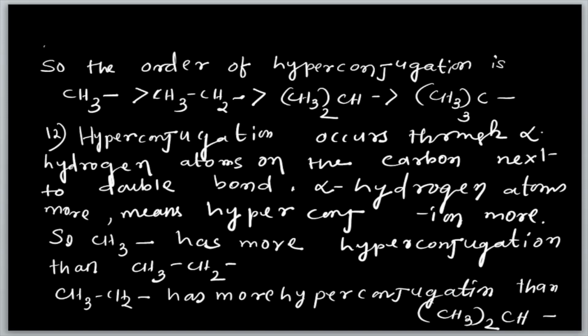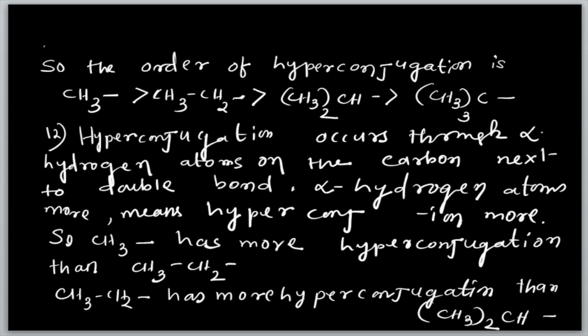Now if you see the example, the order of hyperconjugation is that CH3 is more than ethyl group. Methyl group has more hyperconjugation than ethyl. If methyl is more than ethyl, then isopropyl, then tertiary.